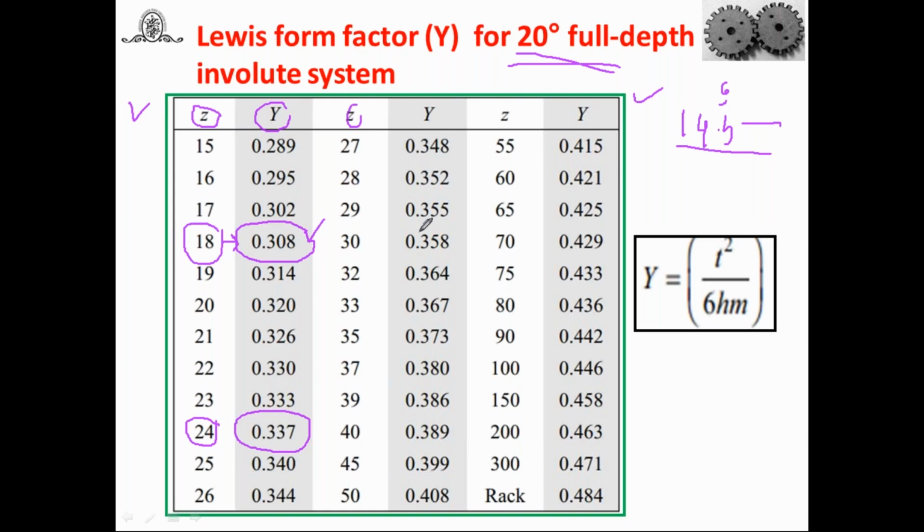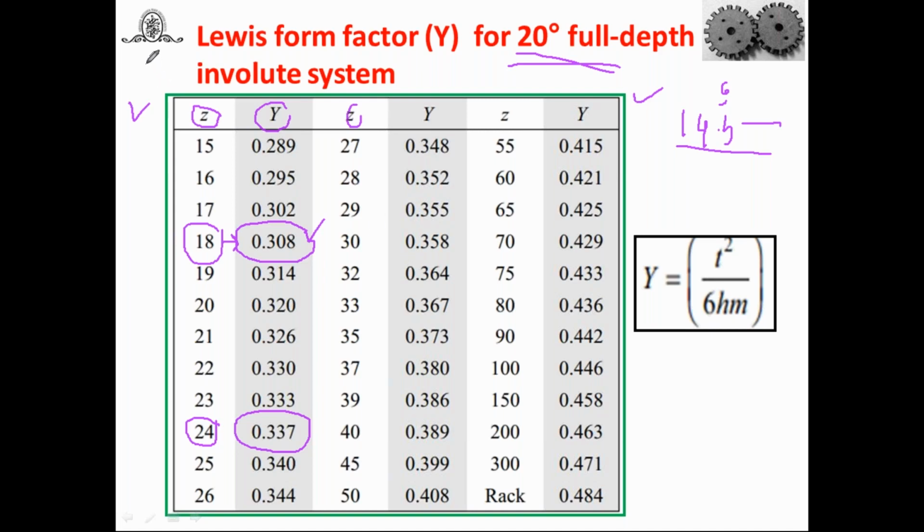Data book means gear design handbook. You can refer to A.K. Mitra's handbook available in the library. It is also given in the PSG data book. Even in Bhandari's book the 20 degree full depth involute system is given. I have referred from the same book.